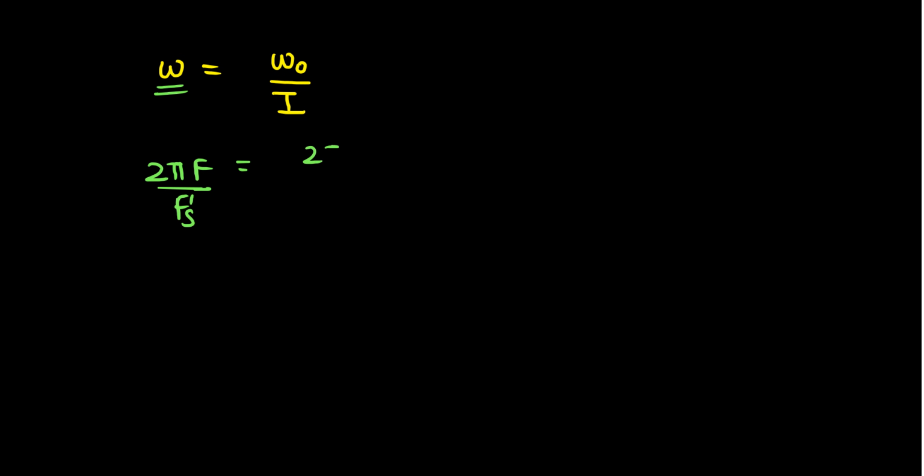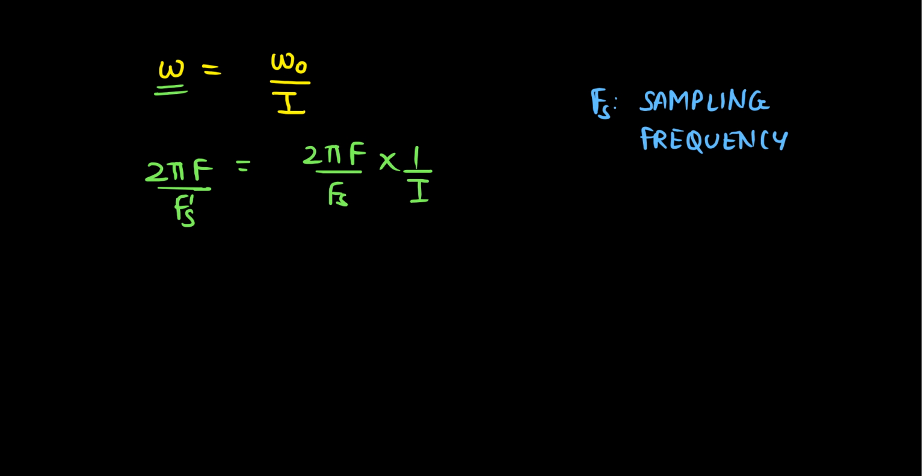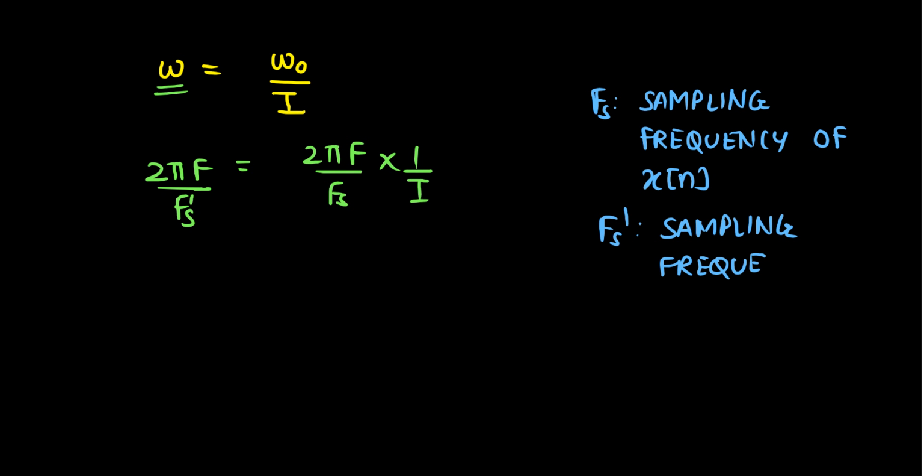Similarly, this omega naught can be replaced as 2 pi f by fs into 1 by I. So this fs is the sampling frequency of x of n, and this fs dash is the sampling frequency of xi of n.